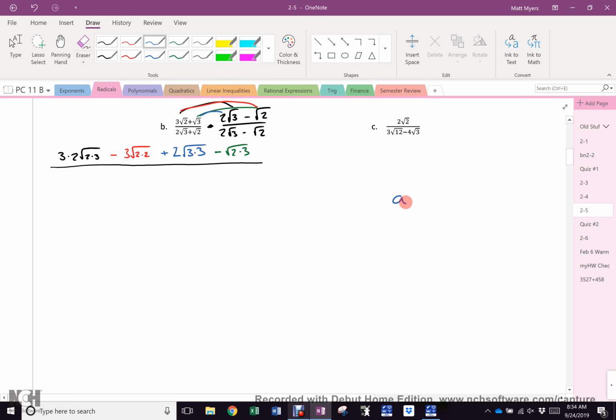If I gave you x plus a, x minus a, do you need to do the OI? No, because it's going to drop out. So you only need to do the F and the L. No OI. So over here, do I need to worry about 2 root 3 times root 2? No, because that's part of the OI.